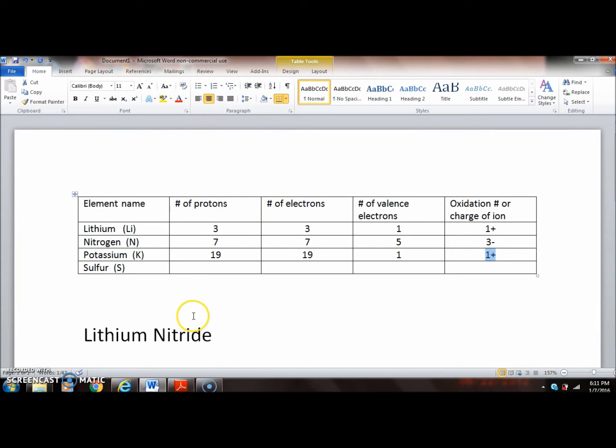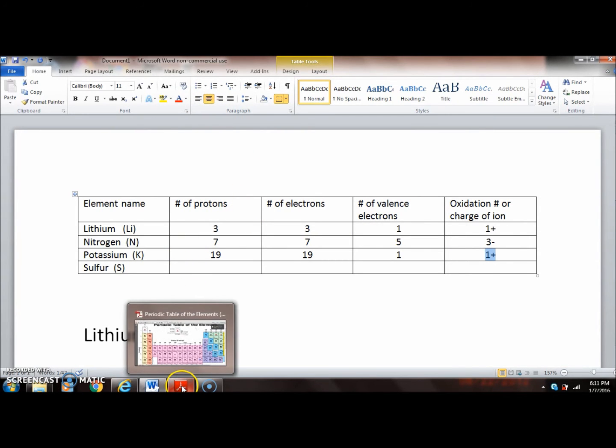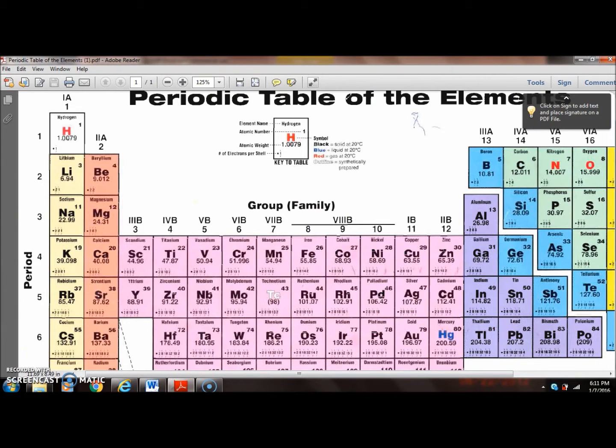Okay, and our last element here we want to look at is sulfur. So let's go back to our periodic table. Sulfur's way over here in group 16.